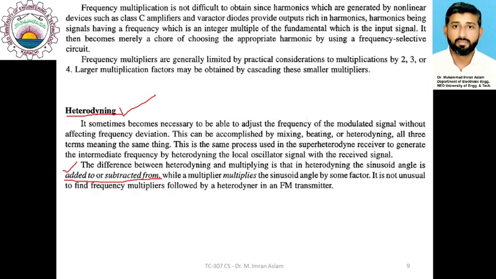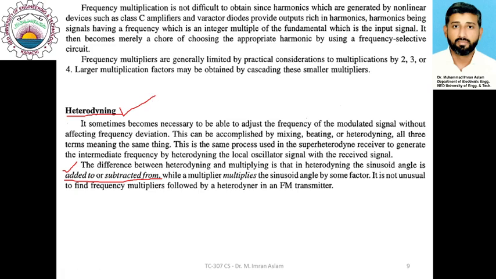So these two are important aspects related to the implementation of our FM systems. We need to incorporate frequency multipliers as well as heterodyning so that you can get your signal to the desired frequency deviation value and carrier frequency value.